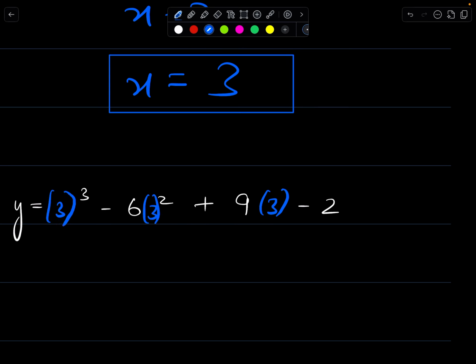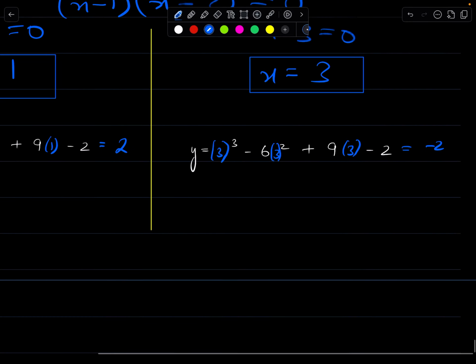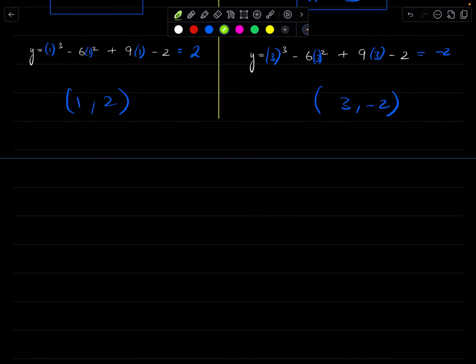So the value of x is 3, and the value of y turns out to be minus 2. Yet again, we have our coordinates 1 comma 2 and 3 comma minus 2. We still are to determine their nature, however.